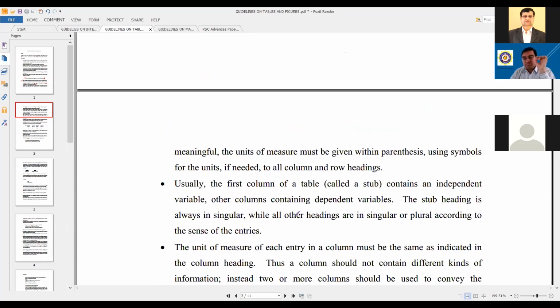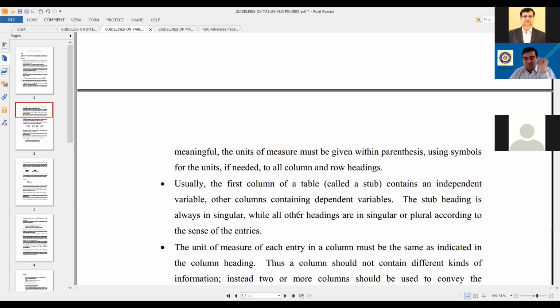Voltage: I will use a parenthesis in order to give the information about its unit. So it will be capital V for voltage in the parenthesis, right? Force, parenthesis, millinewton or Newton, right?